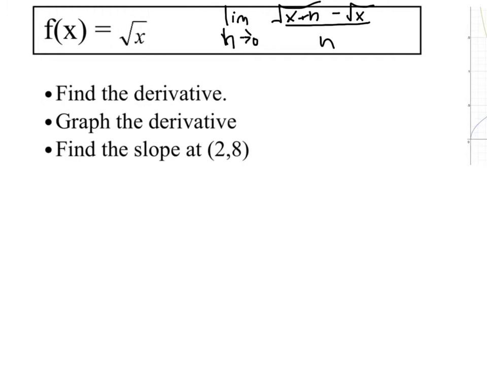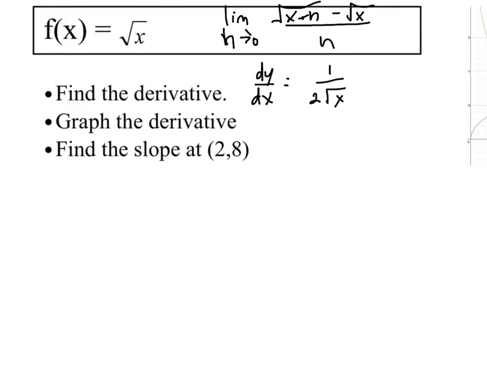And I'm going to rely on the fact you can do that, or you can look at that example. But let me get to the derivative. The derivative here is actually 1 over 2 square roots of x.